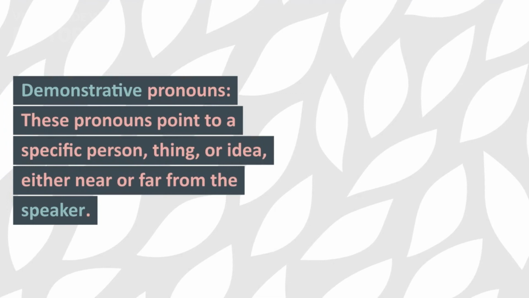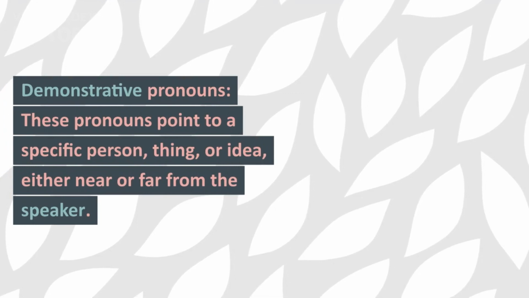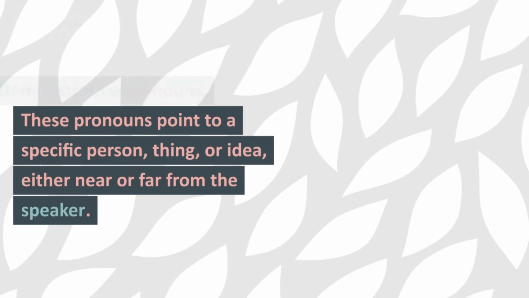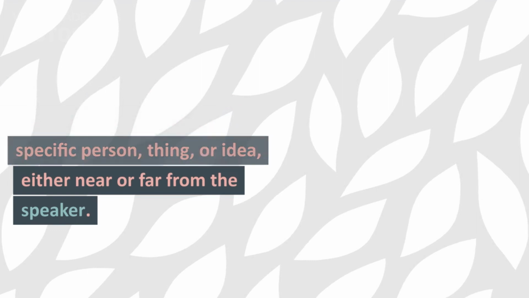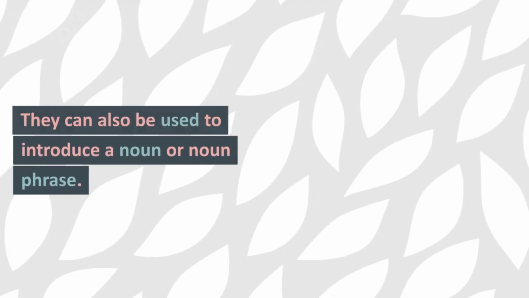Demonstrative pronouns. These pronouns point to a specific person, thing, or idea, either near or far from the speaker. They can also be used to introduce a noun or noun phrase.